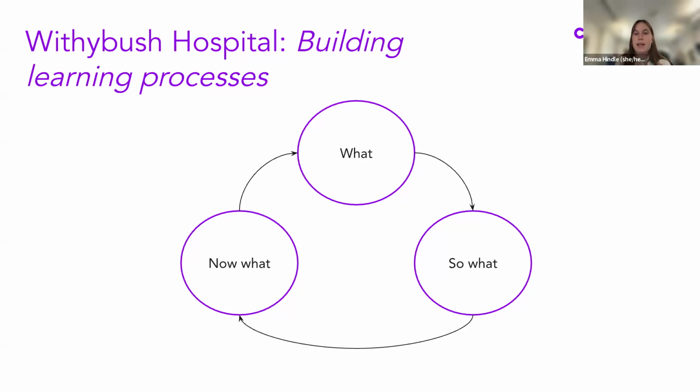It would allow the group to record how they wanted to act on their learning, who it should be shared with, and what follow-up actions needed to happen if they wanted to come back to it later, if they didn't feel like they had time to look at it then. We also talked to them a lot about how often these sessions should take place, where else in the hospital these groups might be helpful, and how often senior leadership should join the sessions to hear the learning that was coming out of the group.